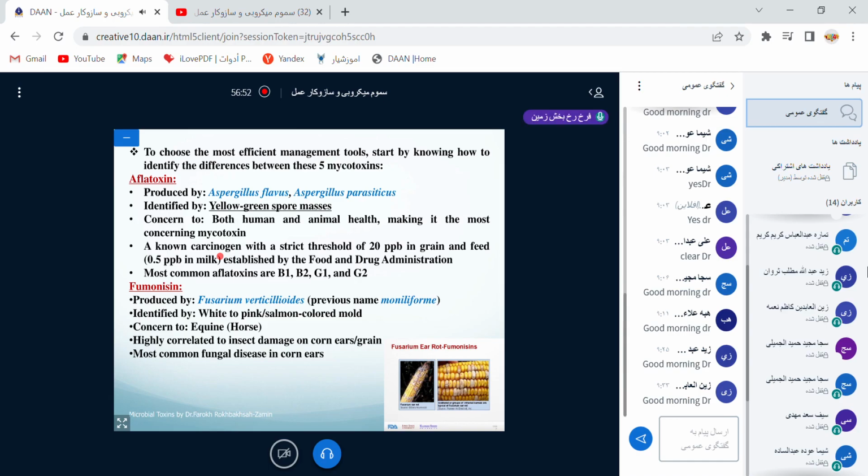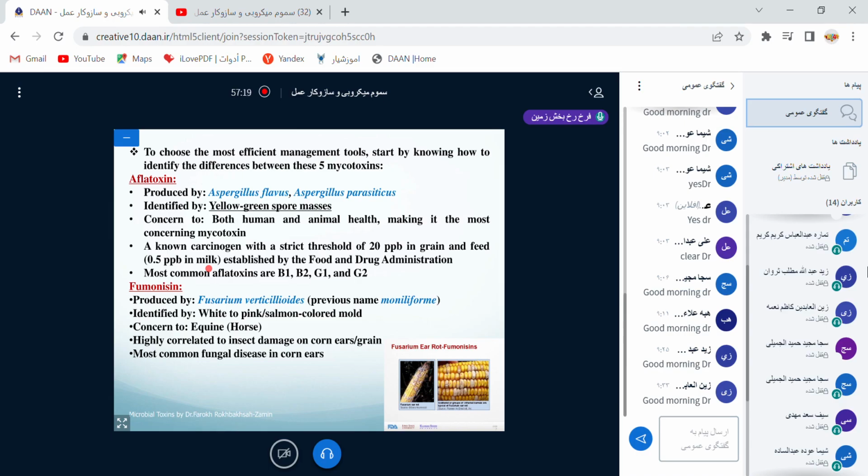A known carcinogen with a strict threshold of 20 ppb, parts per billion, in grain and feed, and 0.5 parts per billion in milk, established by the Food and Drug Administration.